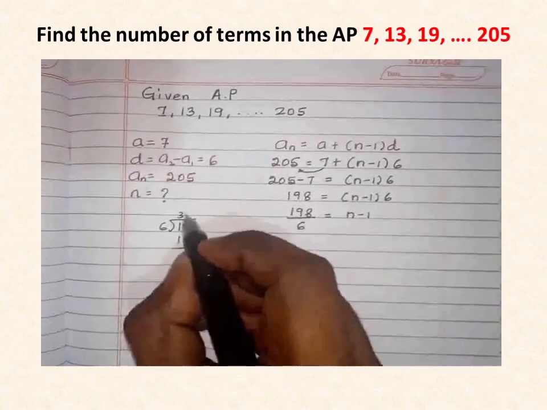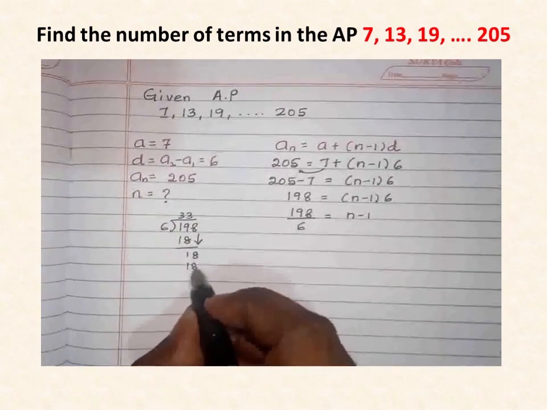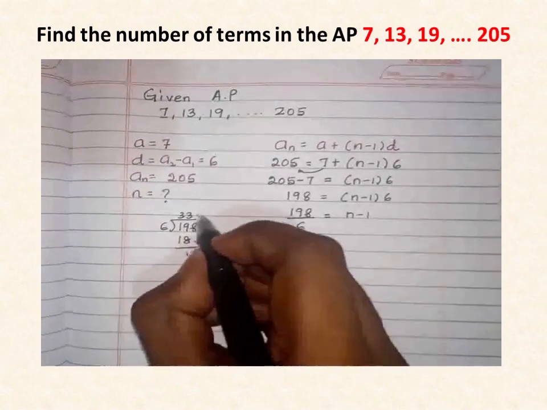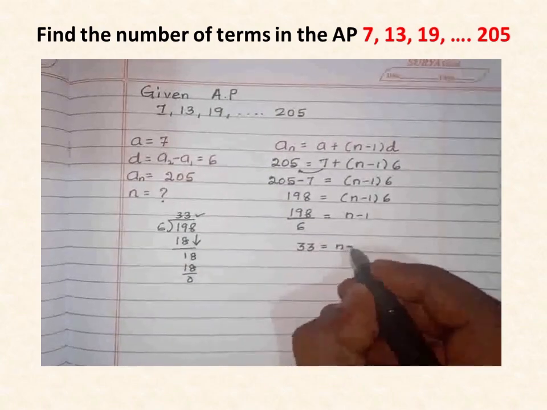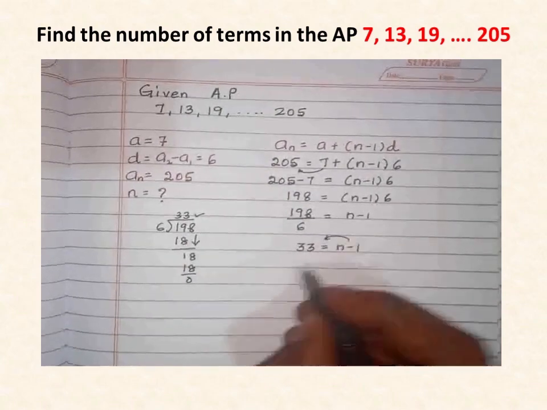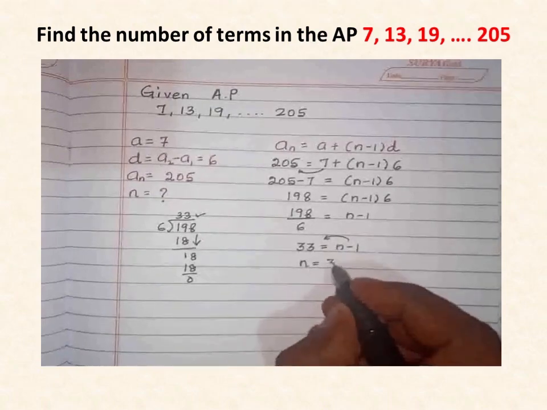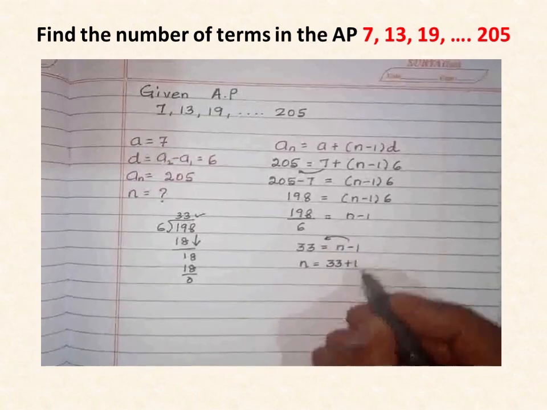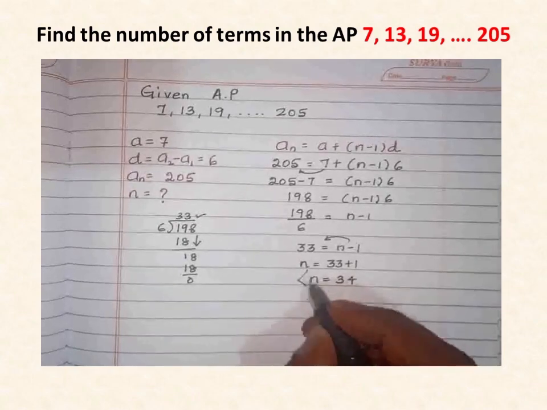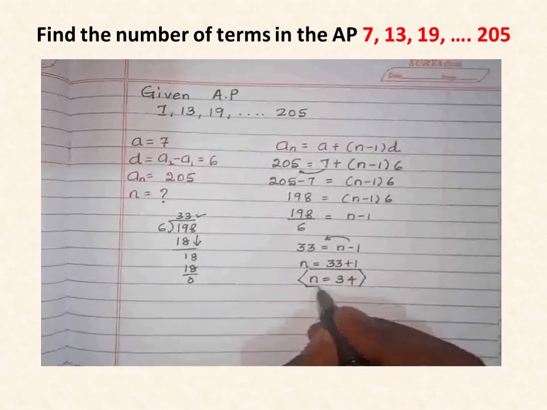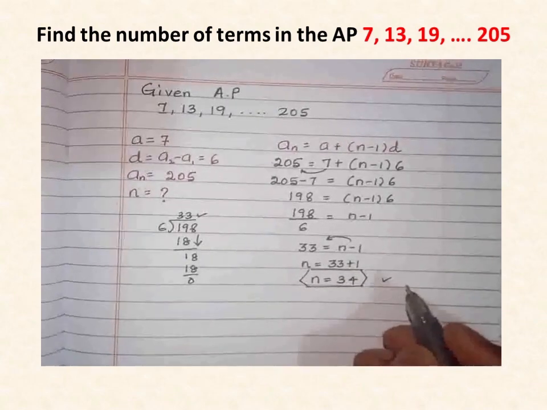So again 6 3s are 18. So we got quotient as 33. So 198 by 6 is 33 equals n minus 1. Now shift this minus 1 to LHS. What will we get? 33 plus 1. Therefore, value of n is 34. The number of terms of the given AP is 34.